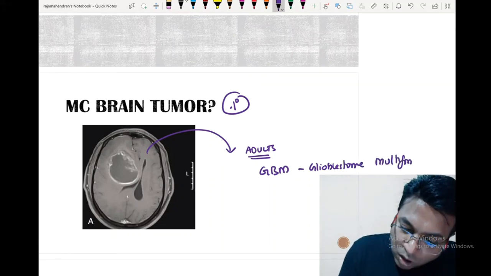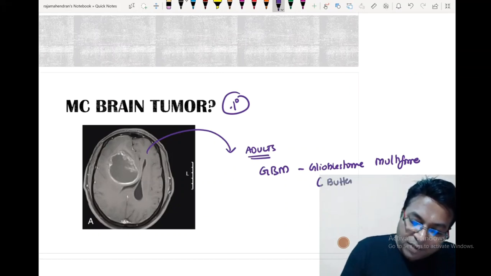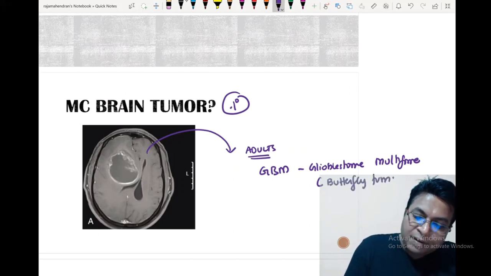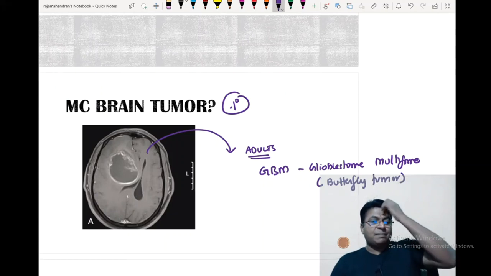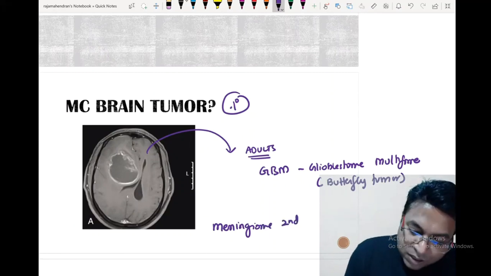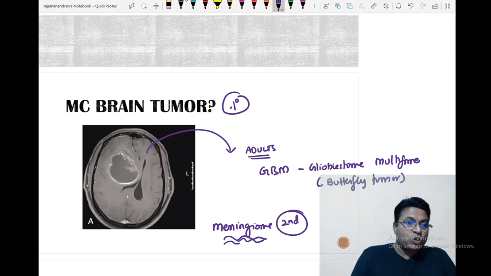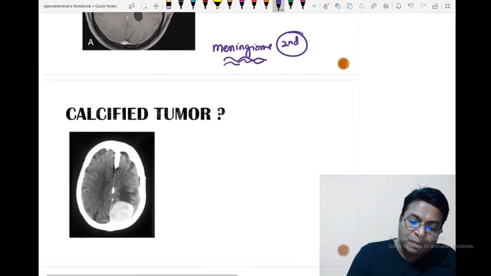This is the most common brain tumor of adults and it is also known as butterfly tumor. Many pathology and other books will tell you meningioma. Please remember, meningioma is the second most common tumor. It is not the most common tumor. This is from neurosurgery books. So glioblastoma multiforme is the most common brain tumor.